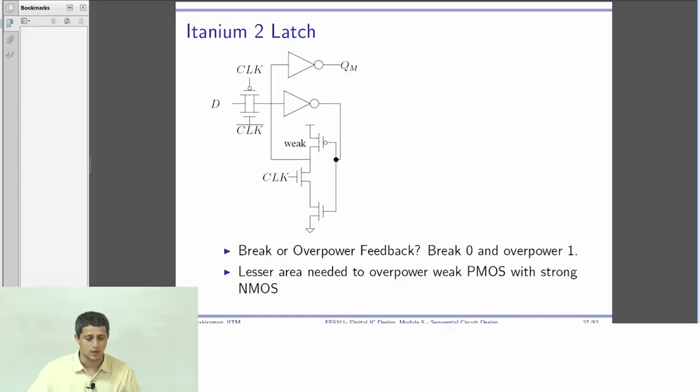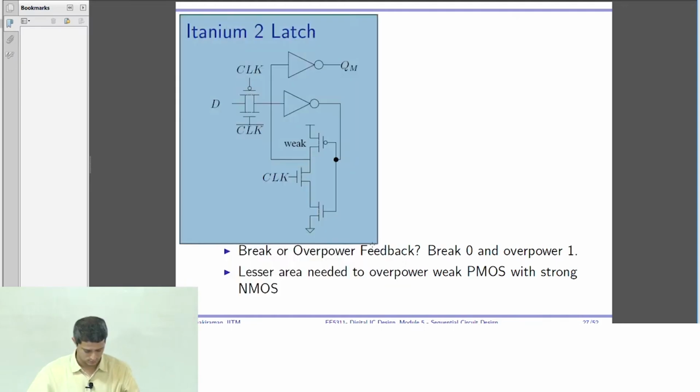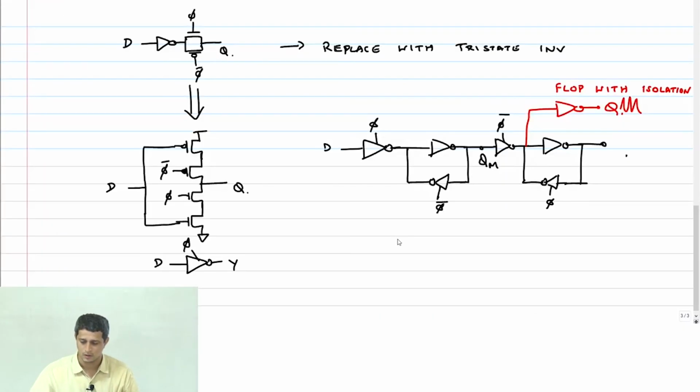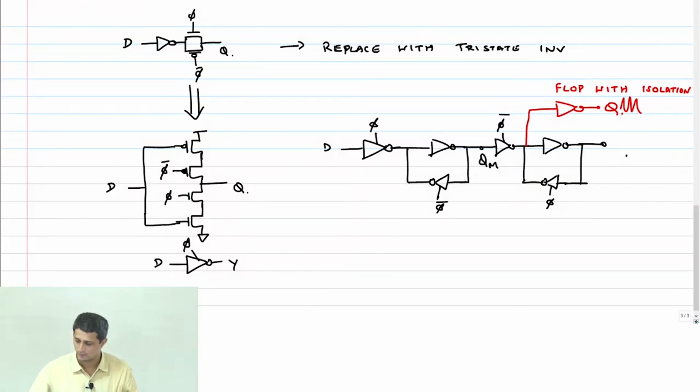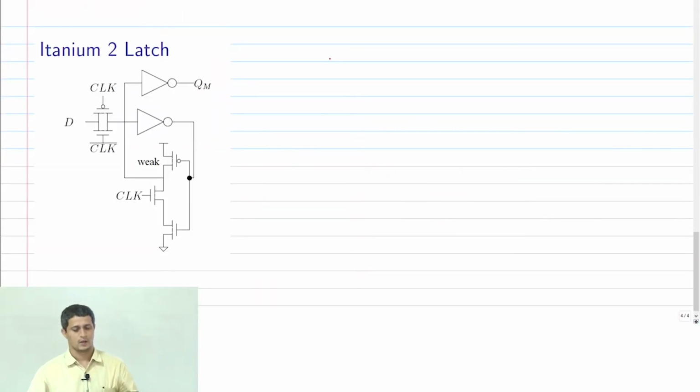I'll basically copy paste this here. So this latch, of course it's been drawn with a pass transmission gate in the beginning. You can always replace that with a tri-state inverter, doesn't matter. Is this latch a latch with breaking the feedback or overpowering the feedback configuration?